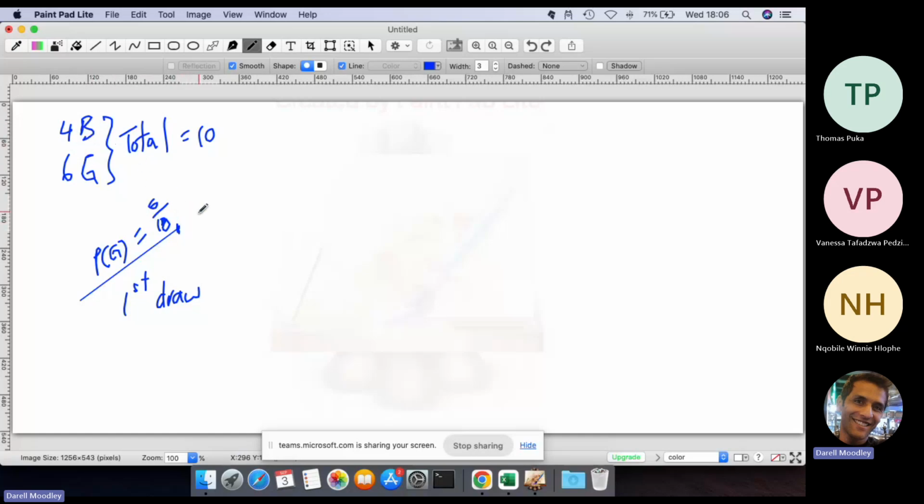There's only 2 possible colors. So in the second draw, there's one outcome where you draw green again. And the other possibility is you draw blue in the second draw. It can only be these 2 possibilities.